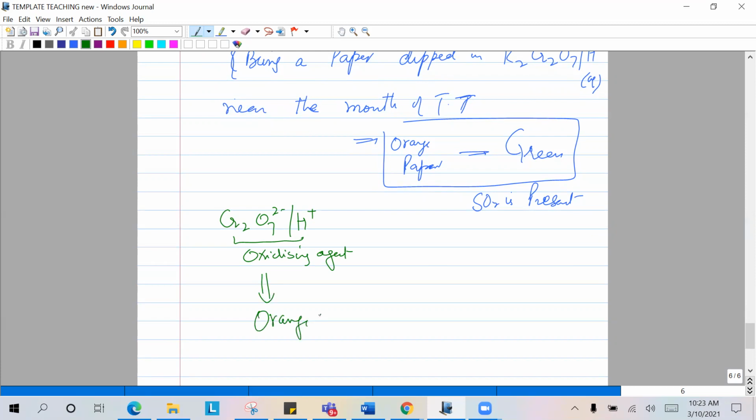When you dip filter paper in a potassium dichromate solution, it absorbs the potassium dichromate or sodium dichromate solution, and the paper will have an orange color. Now, this being an oxidizing agent, it oxidizes the SO2 to SO3.